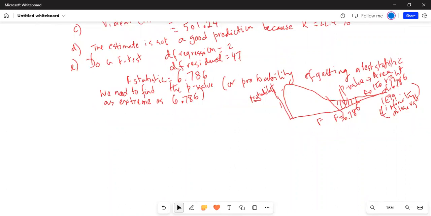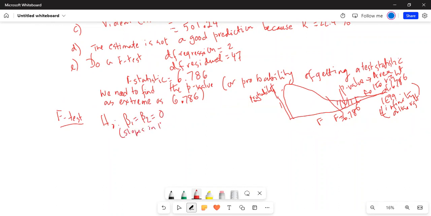Okay. First write what the F test is all about. F test. Okay. Null hypothesis is beta 1 equal to beta 2 equal to 0. Slope in the population equal to 0. Okay, and that's your H sub 0.